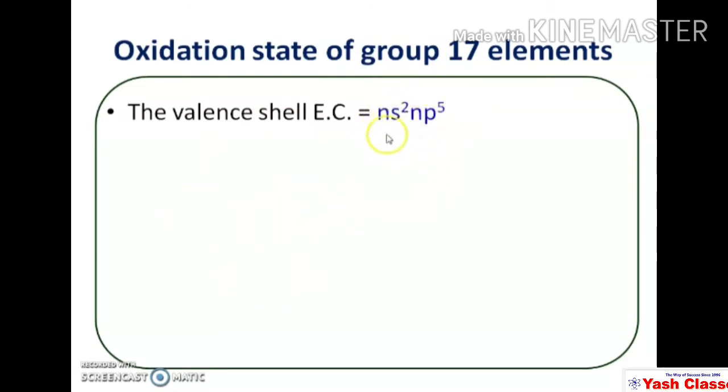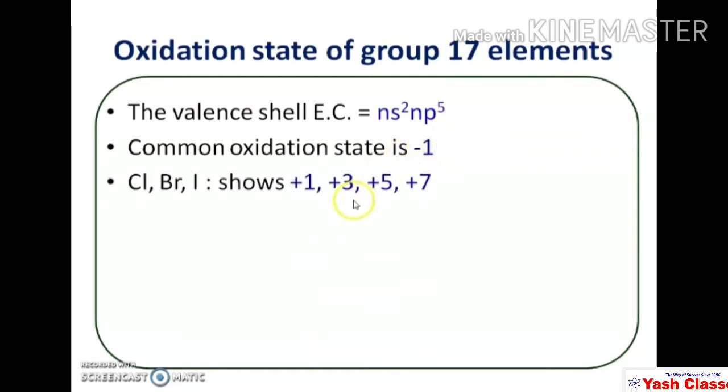These elements, that is fluorine, chlorine, bromine, iodine and astatine, have 7 electrons in the outermost shell, and therefore their common oxidation state is -1, because it is very easy for these elements to gain 1 electron and complete the octet. Additionally, chlorine, bromine and iodine show positive oxidation states like +1, +3, +5 and +7.